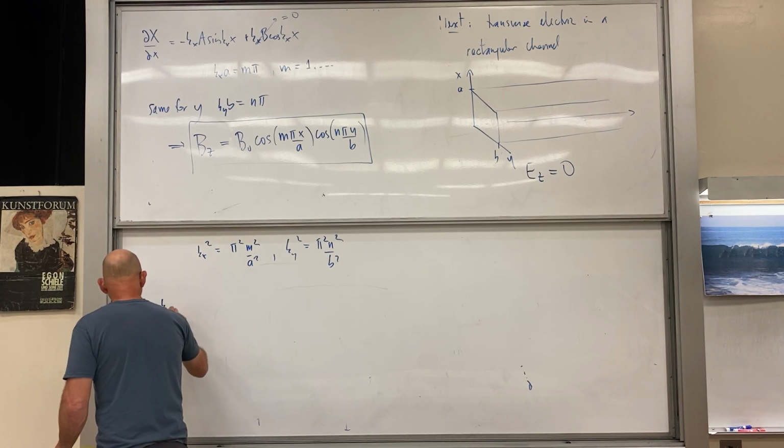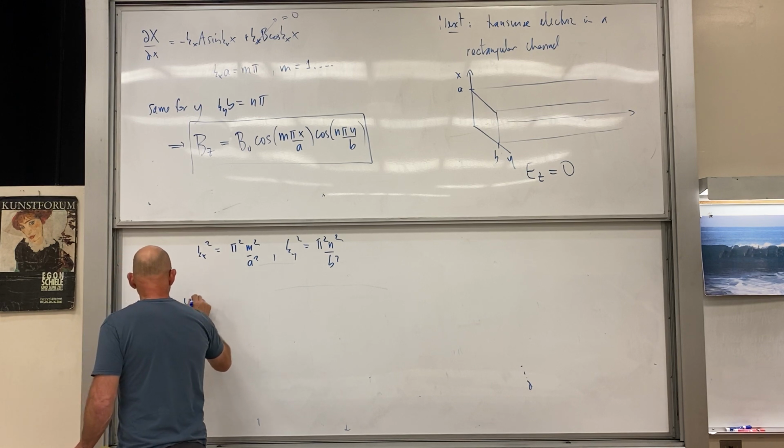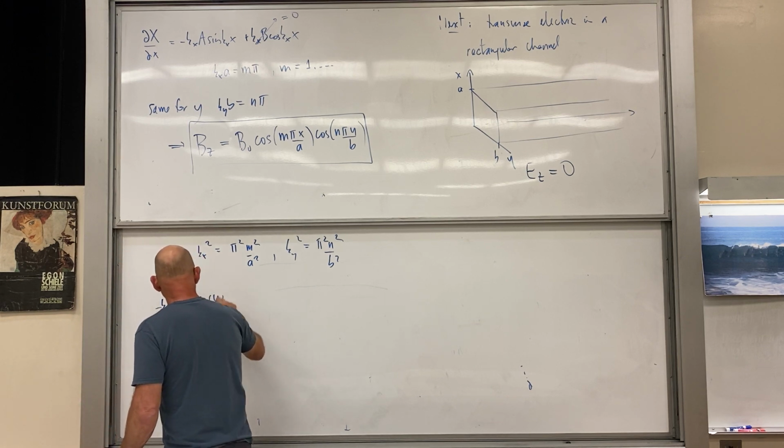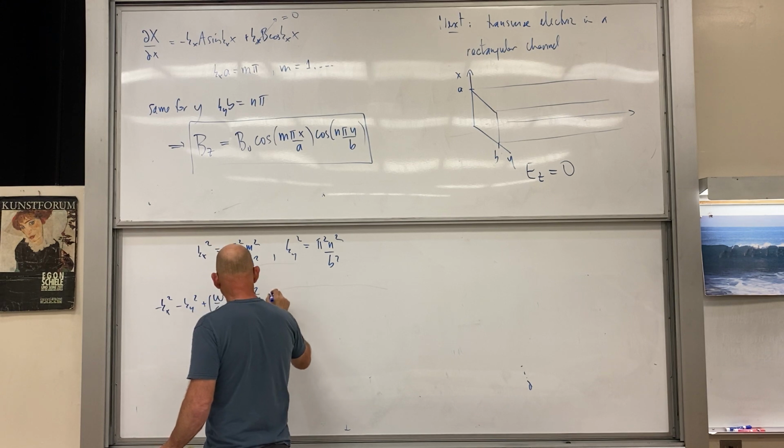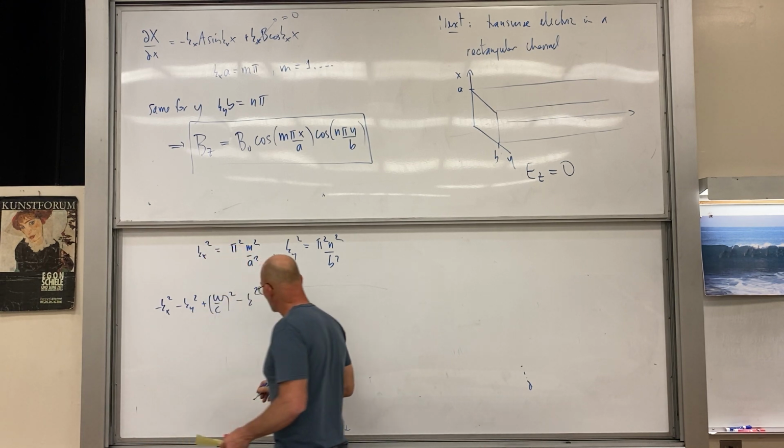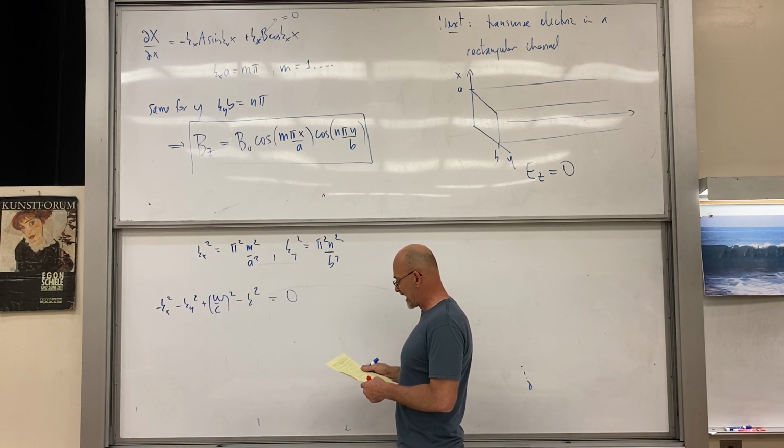Once again, that's kx squared plus ky squared minus k squared is equal to 0. So we're going to solve for k.